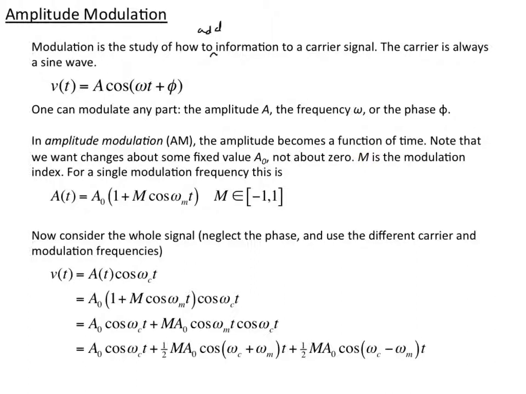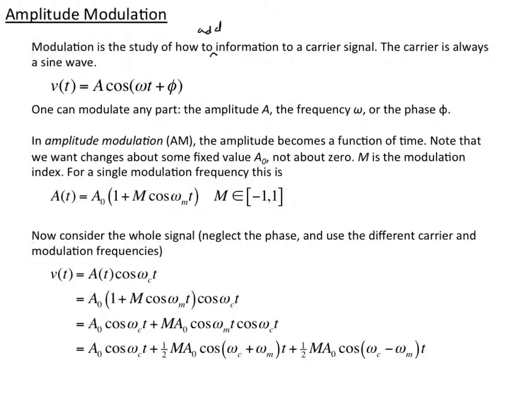And so we're going to say the amplitude as a function of time is that center amplitude times 1 plus a cosine of the modulation frequency times a modulation index. And we want to make sure that M is in the range minus 1 to 1 so that A of t itself never goes below 0. And here I've illustrated with one fixed modulation frequency, but that could be more.